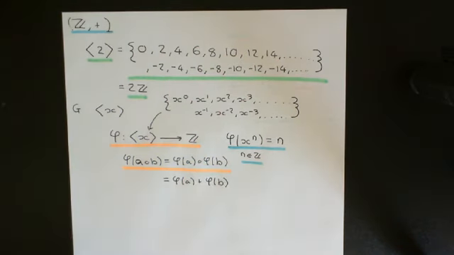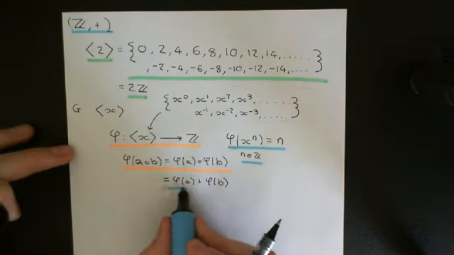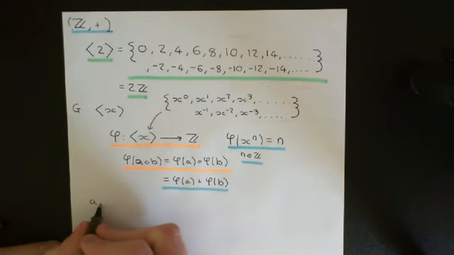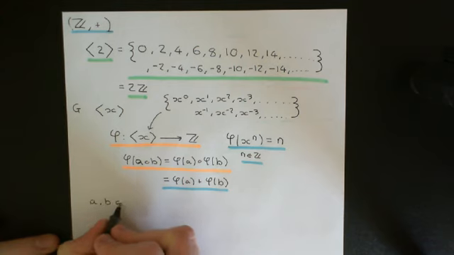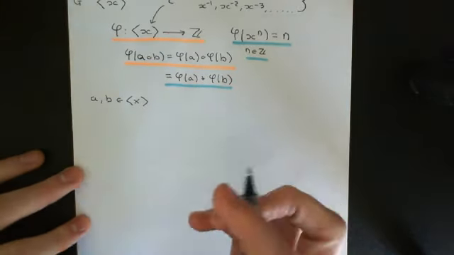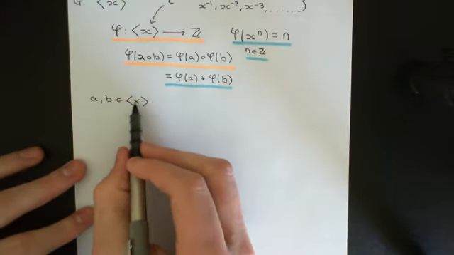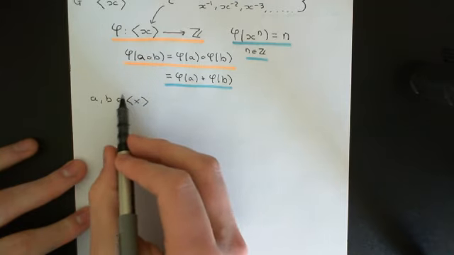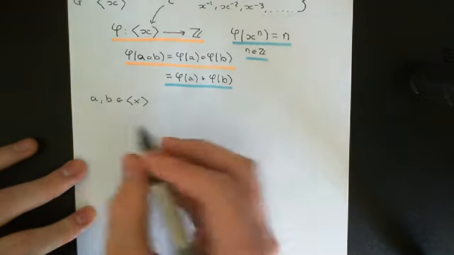Okay, right. So let's now try and prove that this property is true. What we need to do is take two arbitrary elements, little a and little b, which are elements of my infinite cyclic subgroup generated by x. Now, I've said that arbitrary elements of this infinite cyclic subgroup generated by x can be represented as powers of x.